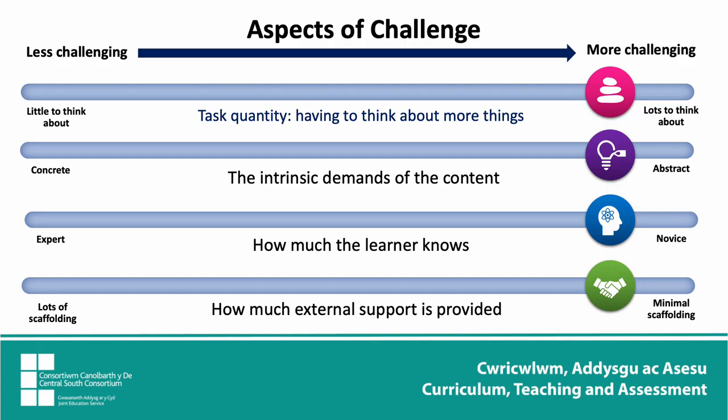And therefore they're not expert in those things, and therefore they're not automatic in those things, so things take a bit more time. So a learner writing their name, they need to be able to know their letter formation, and they need to be able to grip their pen, and those things are far more challenging for learners of that age and stage than learners who've been practicing and doing that for a while.